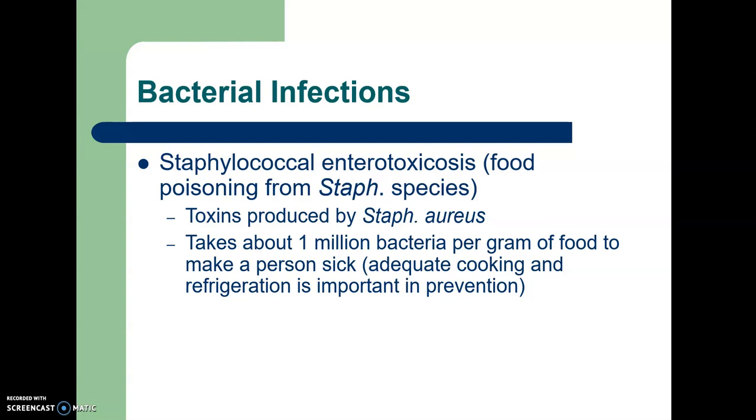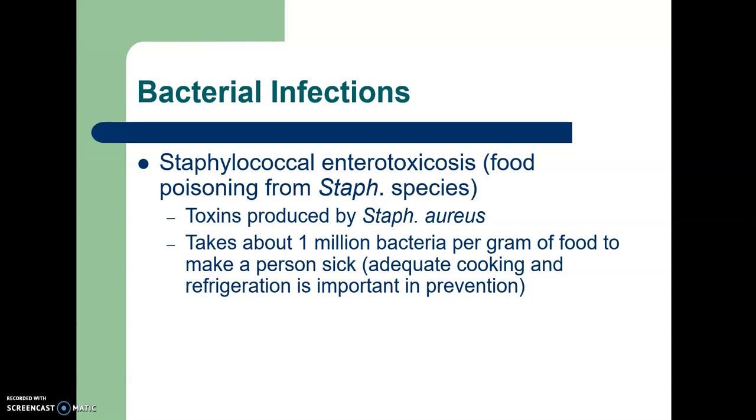But the most common type of food poisoning is from staphylococcal bacteria, and it's usually some strain or some version of Staph aureus. Just to give you a little number here, it takes about 1 million bacteria per gram of food to make someone sick. That's why you want to make sure your food is obtained properly, cooked properly, and refrigerated properly.